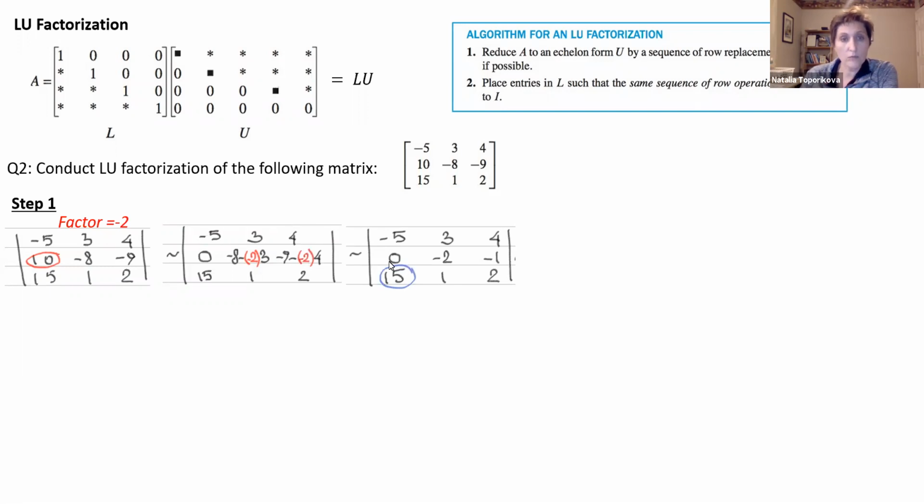Now we can move to the third element of the first column, this 15, which we also want to convert into 0. Again, we will use a multiplication factor, and of course, this multiplication factor will be -3, because when we subtract our first row multiplied by -3, it will give us the desired 0.